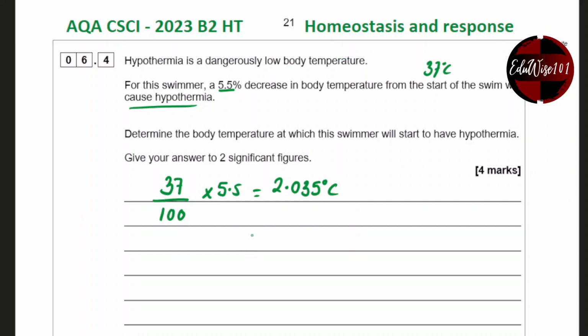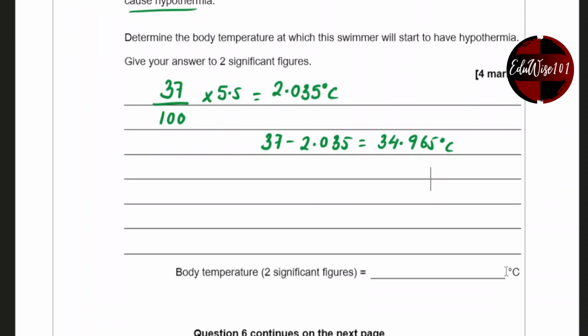So if it drops down by 2.035, what will be the body temperature now? 37 minus 2.035 will give me 34.965 degrees Celsius. And that answer in two significant figures is your last fourth mark. In two significant figures, it will be 35 degrees Celsius.